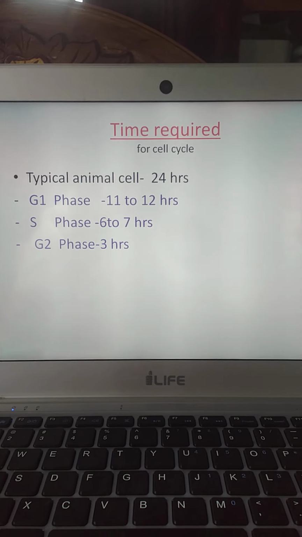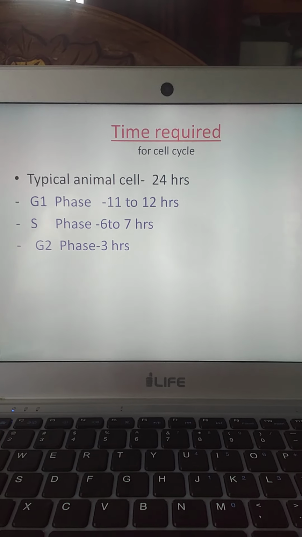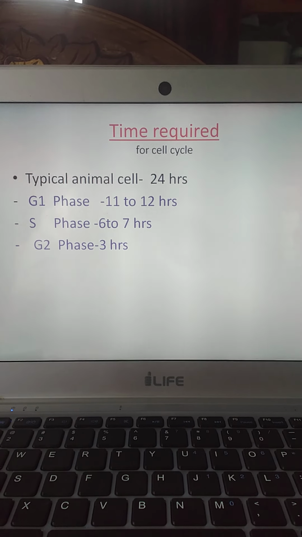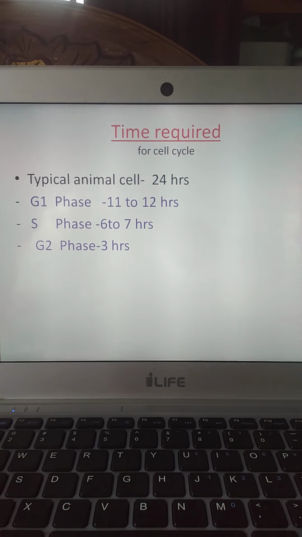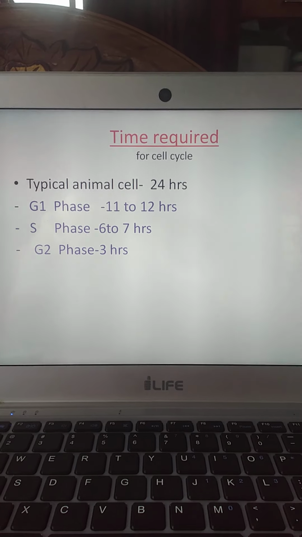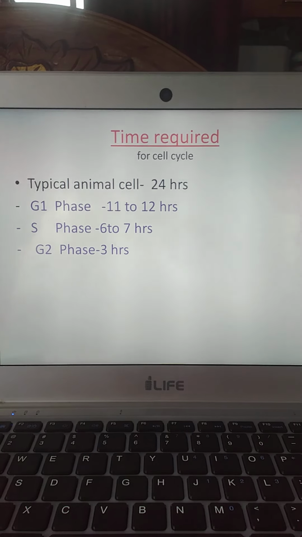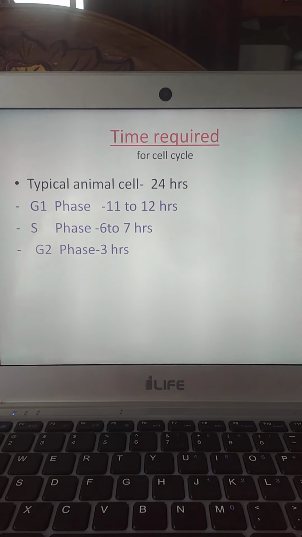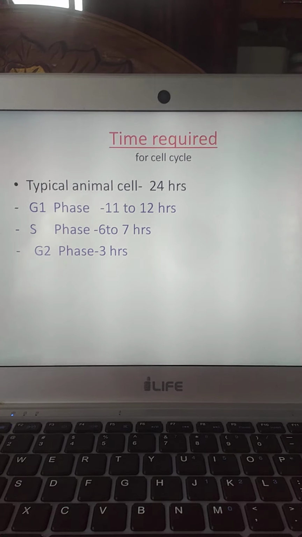Then the S phase is there, which is 6 to 7 hours, and the G2 phase is for 3 hours. And this is all the interphase period, but the mitotic period, that is the division period, lasts only for 30 minutes.